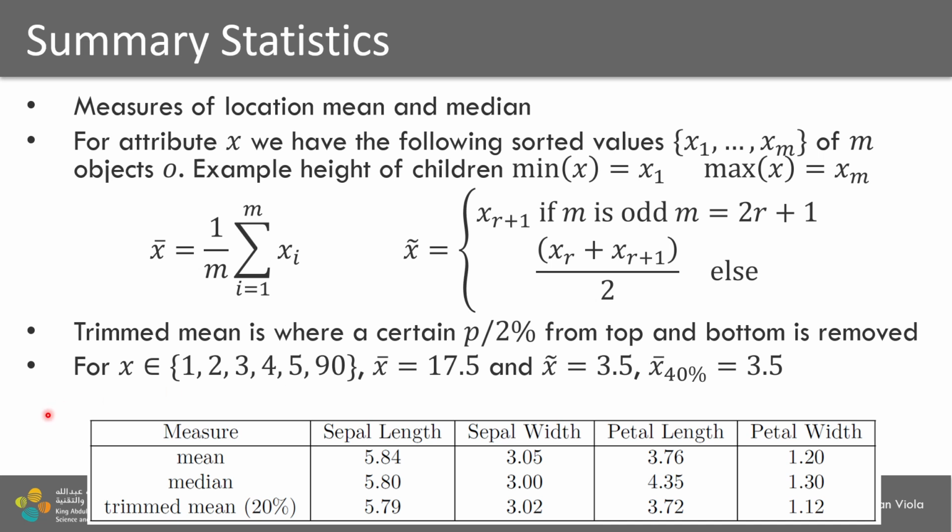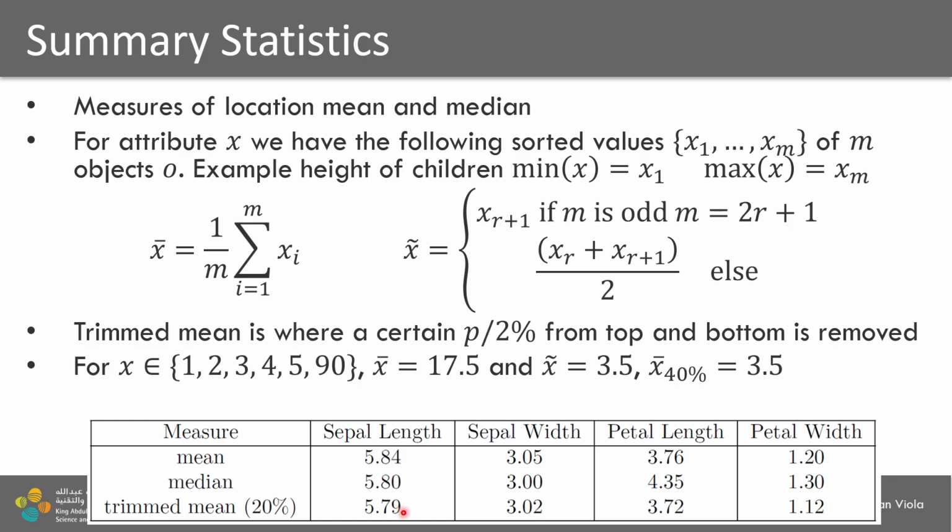We can see how the mean, median, and trimmed mean play out in our iris data set. We can already see that if the mean and median are very far away from each other, that will likely indicate some kind of outlier which is dragging the mean away from the median.